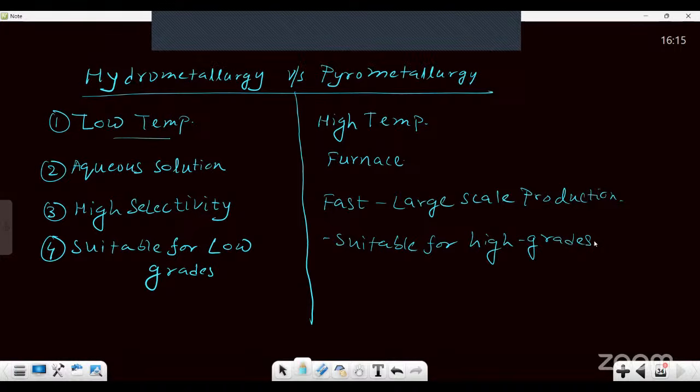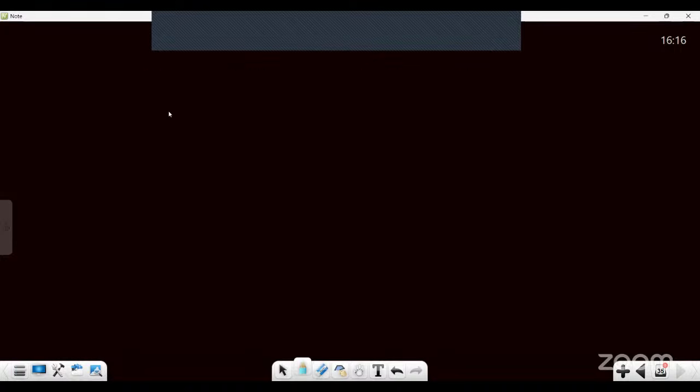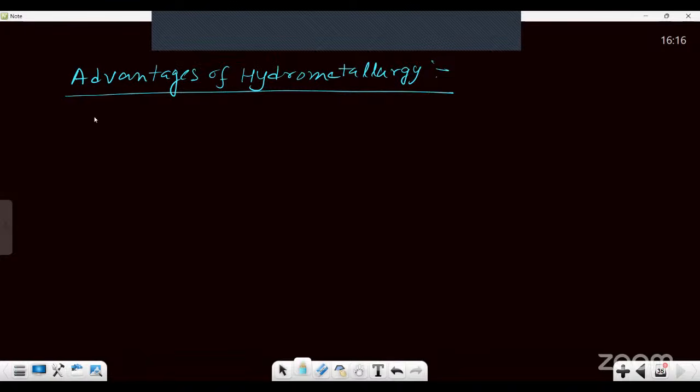The advantages of hydrometallurgy: it is ideally suited for lean and complex metals.